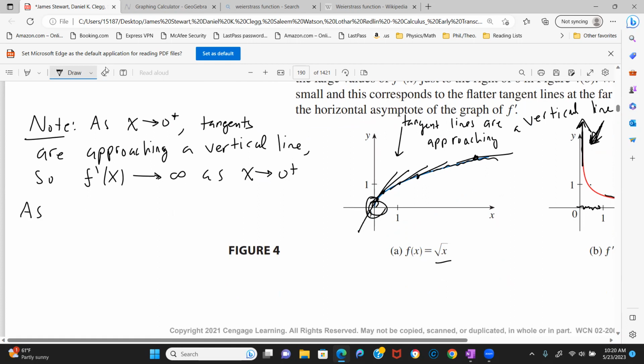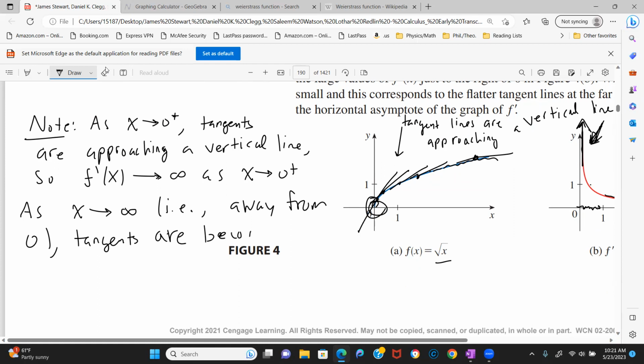And then, on the other hand, as x goes off to infinity, i.e. away from zero, going further and further from zero, we can see that the tangent lines are becoming more and more horizontal.